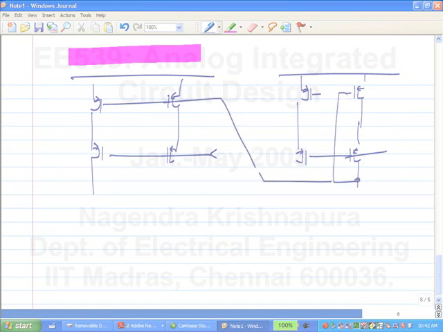Now in this case, these three are more or less equal if you bias it from the same cascode voltage. So in that case, the error will be much lesser. The problem comes when you have a load that is not cascoded. So if you have a telescopic cascode, this problem goes away anyway.